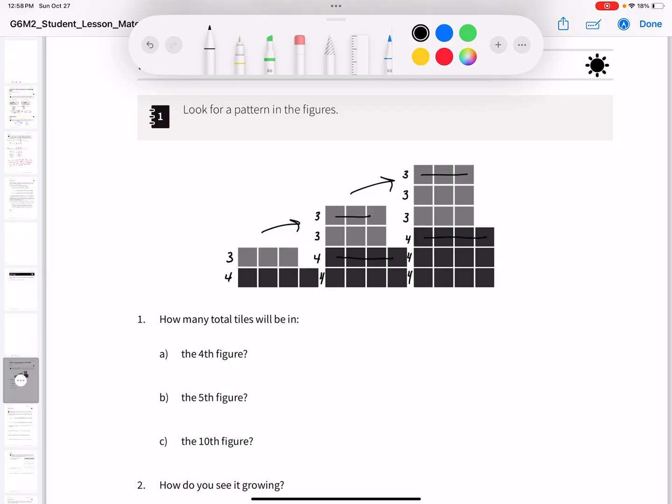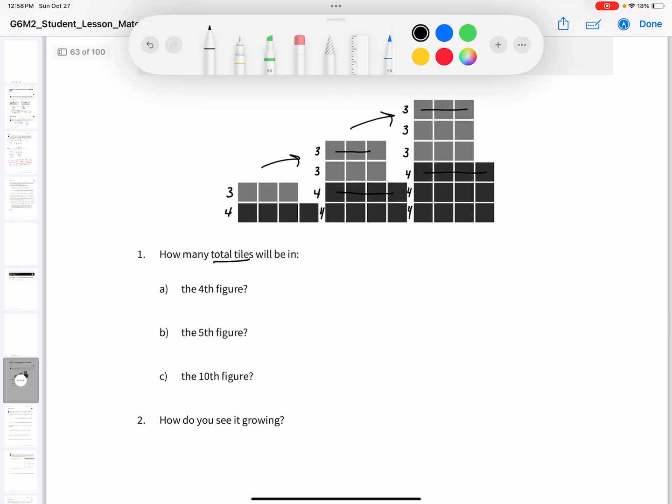So it asks, how many total tiles will there be? Well, here we would do 3 plus 4, which is 7. Here we would do 3 plus 3, which is 6, over 4 plus 4, which is 8. So we have a 6 to 8, which when we add them together gets us 14.